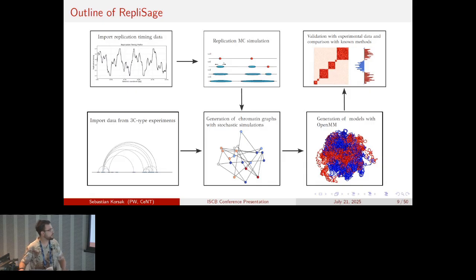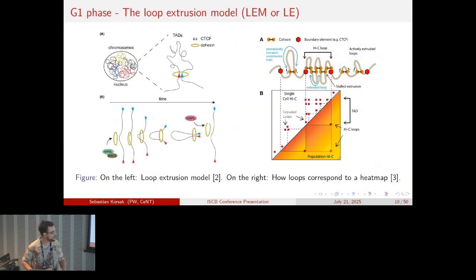I iterate this according to some biophysical assumptions that I will talk about now, and I create an ensemble of states. From this ensemble of states, I can create an ensemble of structures, and from this ensemble of structures, I can make some validation of it, which is not so easy.